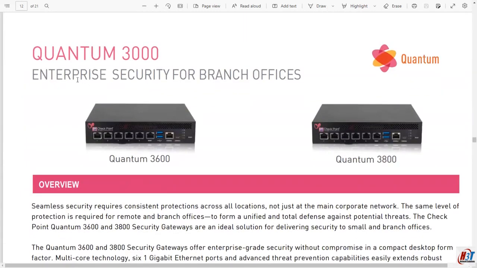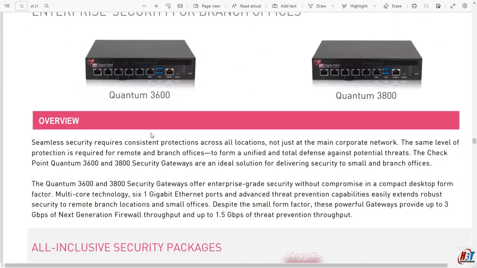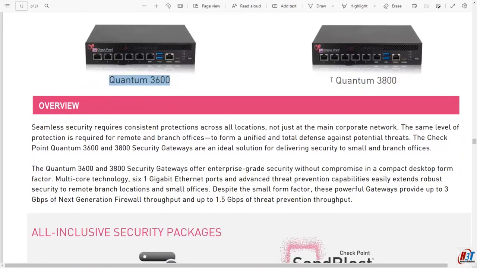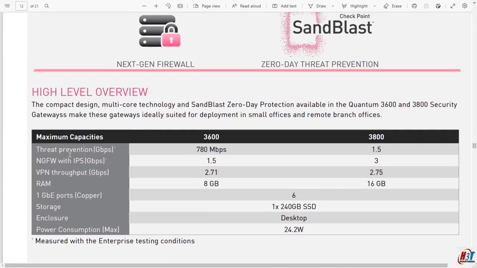And then coming back to the enterprise security for branch offices. These are the smaller ones as compared to what we have been through in the slide. So we have the 3000 series, which consists of the Quantum 3600 and the 3800. Now if you look at the numbers here, the threat prevention basically ranges to 780 Mbps, and for this one it is 1.5 Gbps.